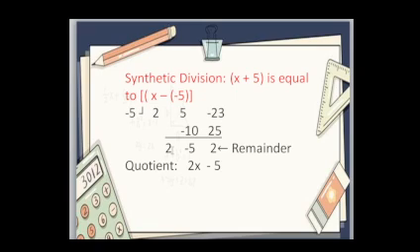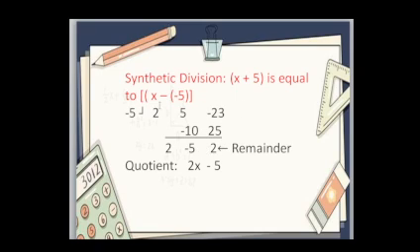Bring down 2. Then multiply 2 with the divisor. So we have 2 times negative 5 is negative 10. You add 5 plus negative 10 is negative 5. And negative 5 times negative 5 is positive 25. Negative 23 plus 25 is positive 2. So we have the same remainder.